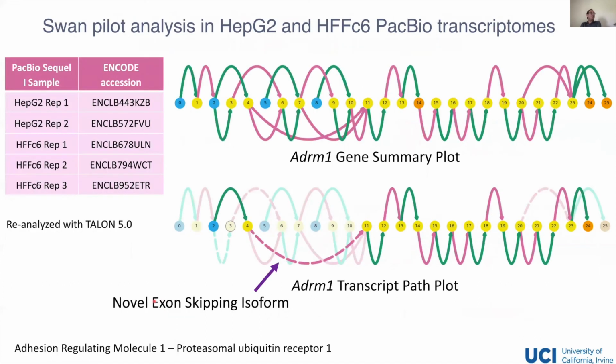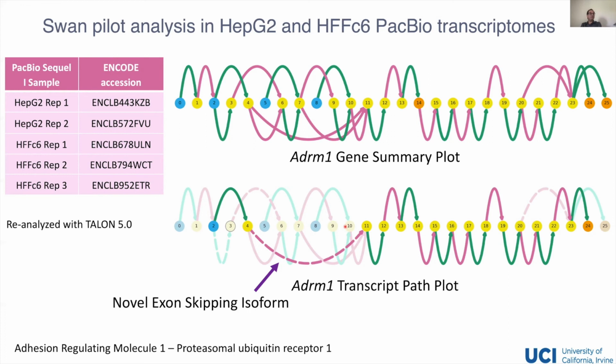We did a pilot analysis of this using 5 data sets that were originally sequenced on the PacBio Sequel platform in HepG2 and HFFc6 cell lines. And one interesting example of a novel isoform that we detect is in the ADRM1 gene, where you can see that we have this novel exon skipping event, where we have an intron that spans several exons that was not in the GenCode annotations.